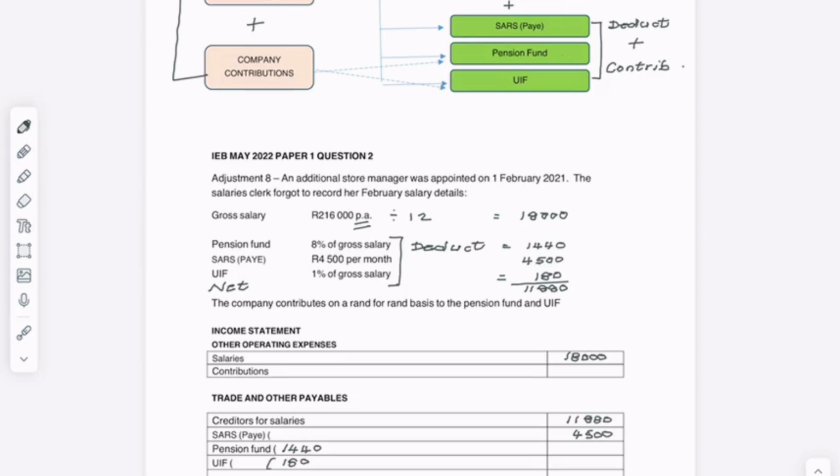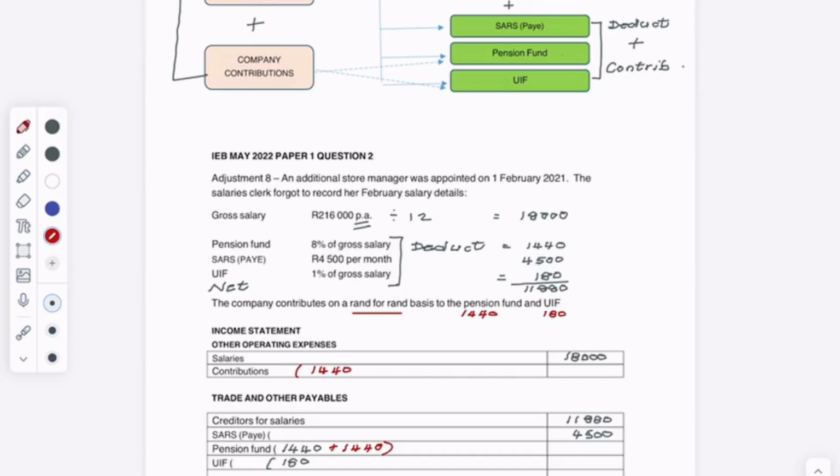Now the employer is also going to contribute. They're contributing on a Rand for Rand basis, which means they're contributing exactly the same. So to the pension fund, they're going to contribute 1,440 and to the UIF 180. So into your contributions, we're going to have 1,440 as an expense, and it gets added into trade and other payables.